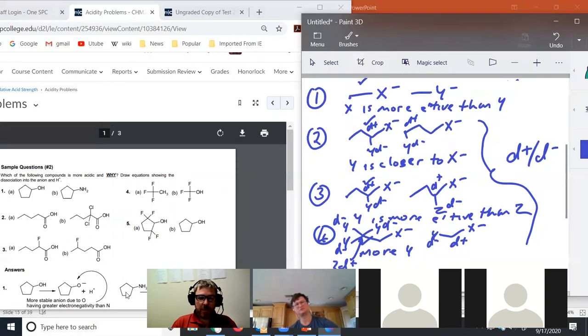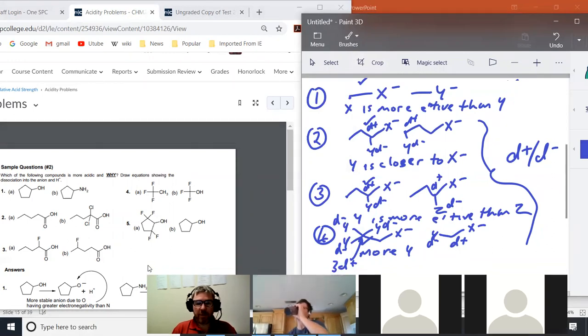So what I want you to be able to do is to look at these and determine which scenario we're dealing with in figuring out which of these compounds is going to be more acidic. Now, the idea, of course, in all of these cases is that we're taking the H plus off first and looking at the anions.